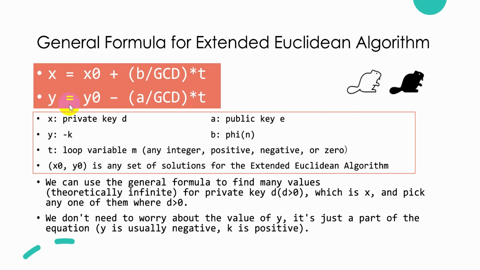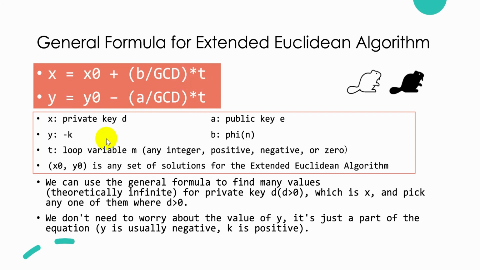Similarly, y equals y0 minus a divided by GCD times t. So after we found, using the function, one set of solutions, which is x0 and y0, we can use them to find all the x's and all the y's.